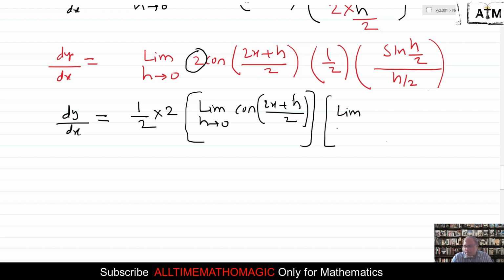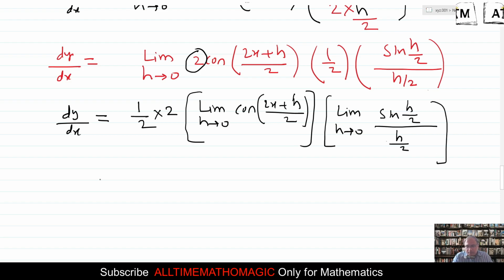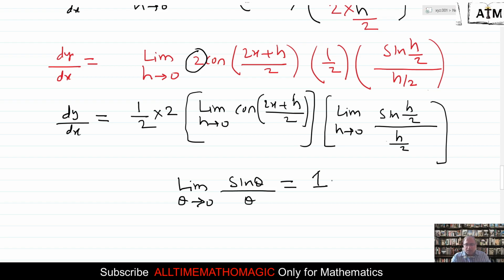Here limit h tending to 0 of sin h by 2 upon h by 2, and we know that limit theta tending to 0 of sin theta upon theta equals 1. This is the formula taken from limits.